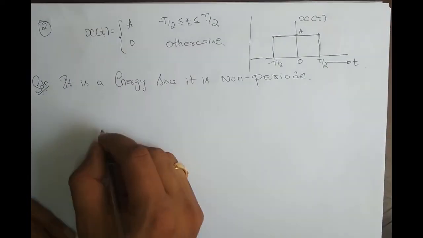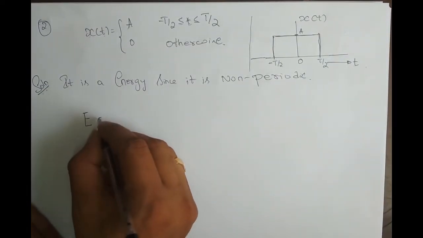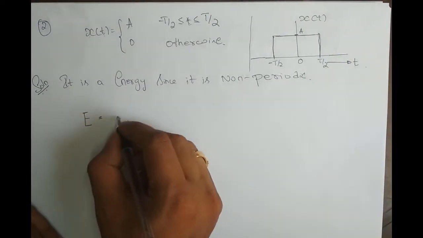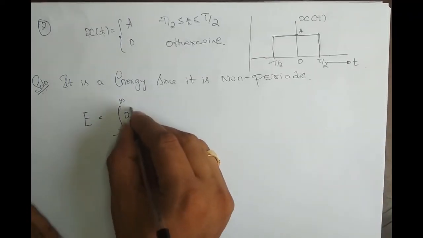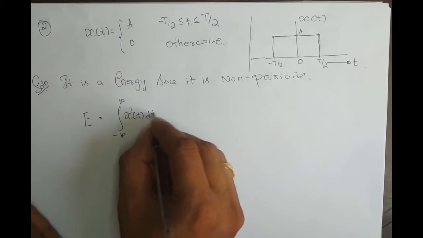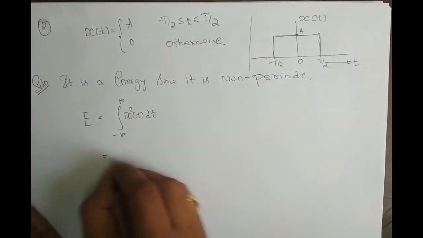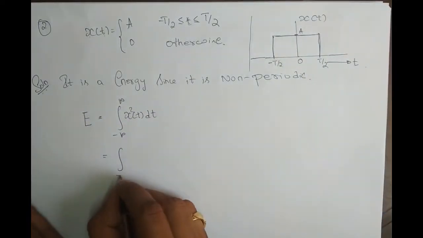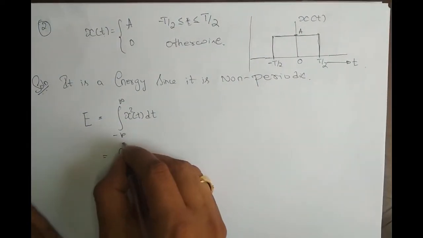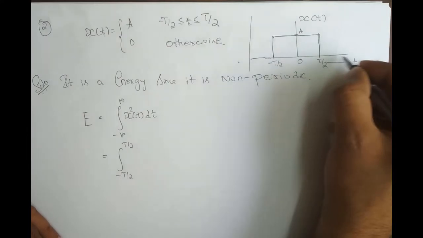Now I have to find its energy. E is equal to, it's a continuous time signal, so it is integrating from minus infinity to infinity, square of the given signal, x square of t dt, right? So this is equal to integrating from minus T by 2 to T by 2, since for the rest of t it is completely 0.